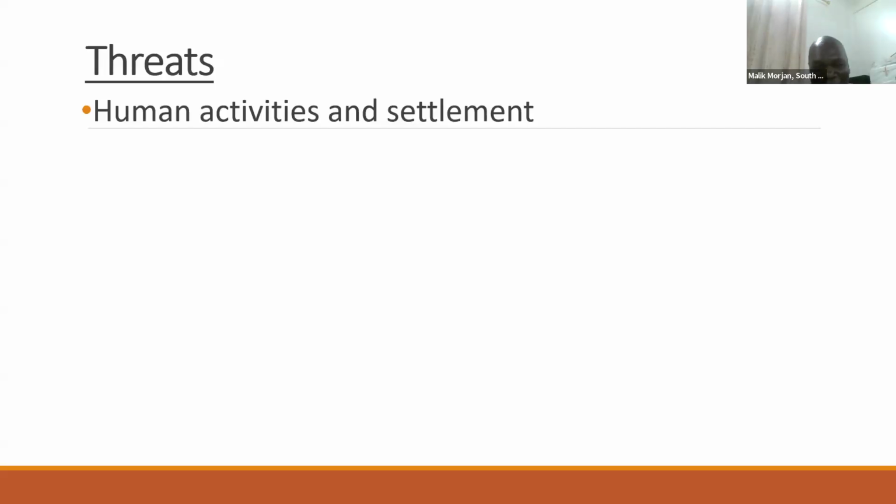So the 4 migratory species in South Sudan, we treat them as one because they congregate in this small area for over half of the year and face the same threats. Number 1 is human activities and settlements. In the country, over the past 20 years or so, we have gone through a number of wars, especially the Liberation War.